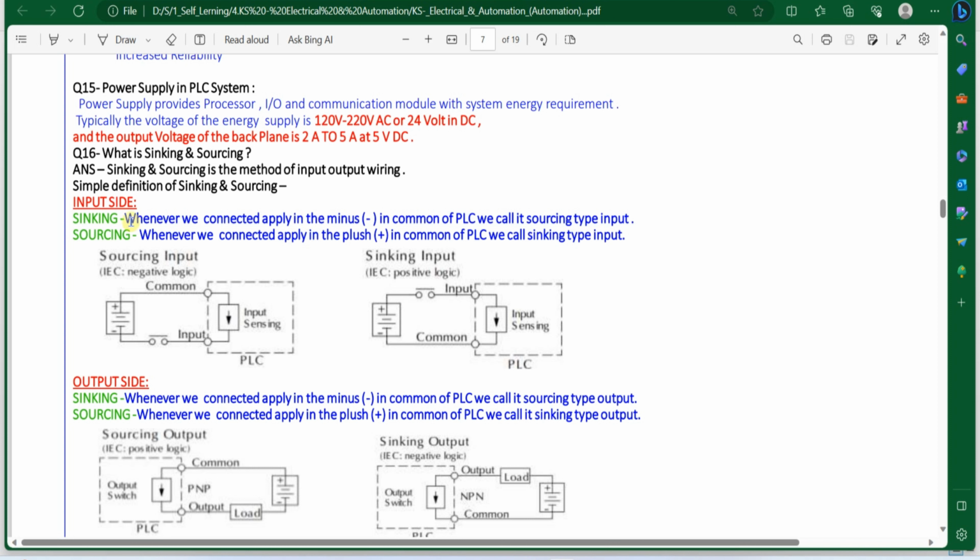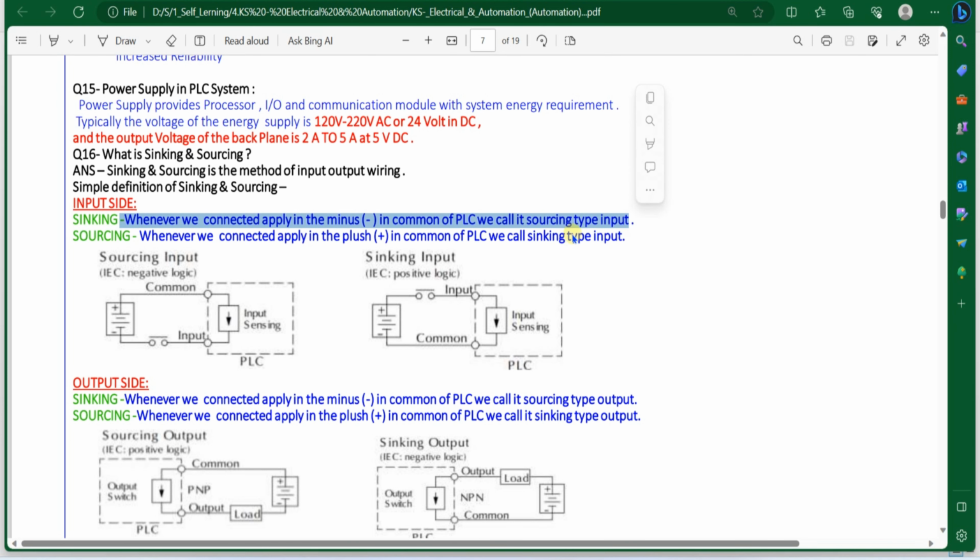It means when we connect the power supply minus in the digital input card of the PLC, connecting minus in common and connecting plus in the input channel, this type of wiring is sourcing wiring, sorry, sinking wiring.